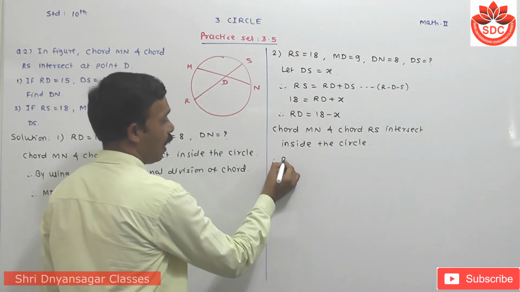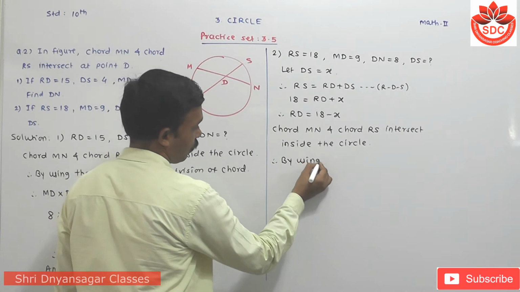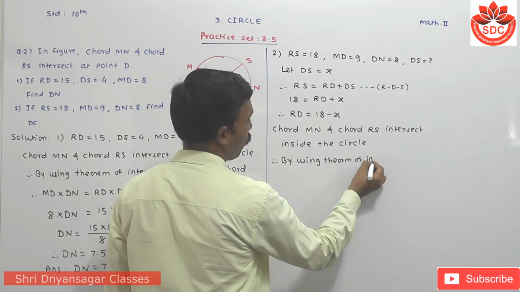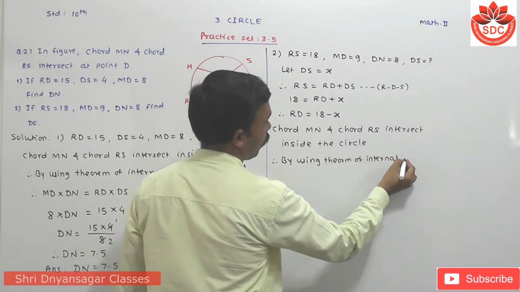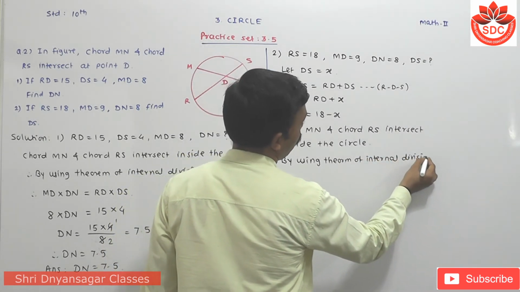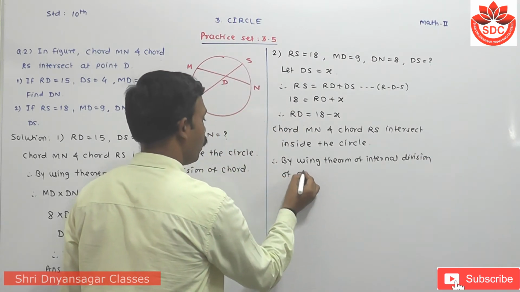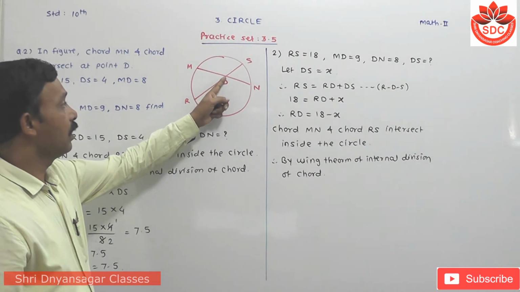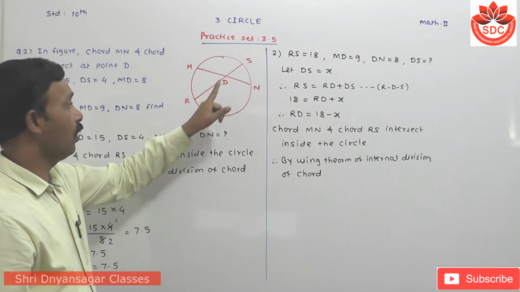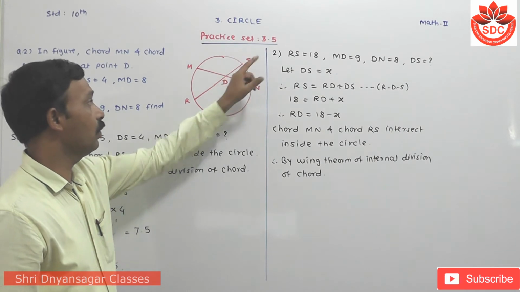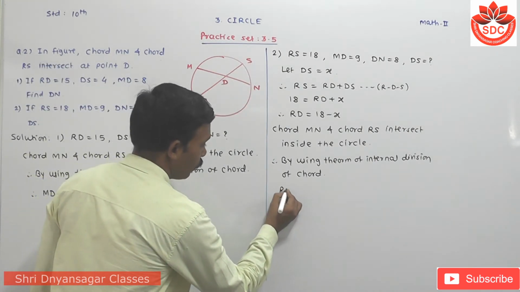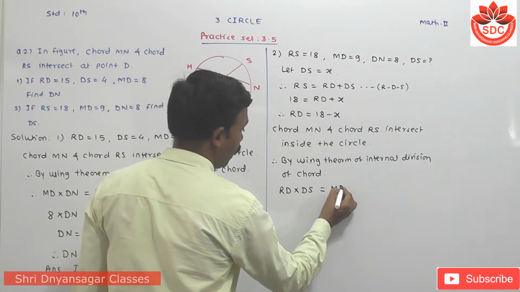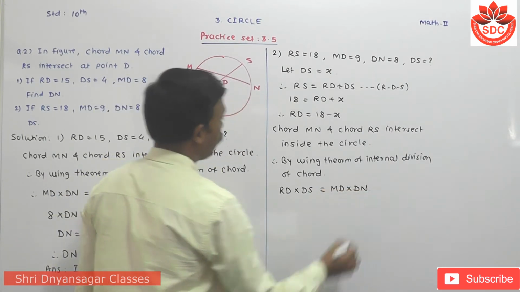Therefore, by using the theorem of internal division of chords, this theorem says that RD into DS is equal to MD into DN.